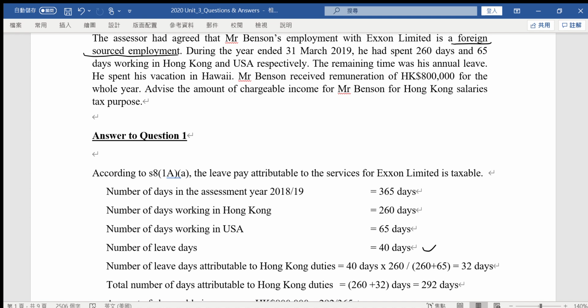In total this is 40 days, but he has worked in Hong Kong for 260 days, and that's why among the total working days, the number of leave days related to the Hong Kong service was 32. You add up the Hong Kong working days with these leave pay days, and the total number of days will become 292 days.